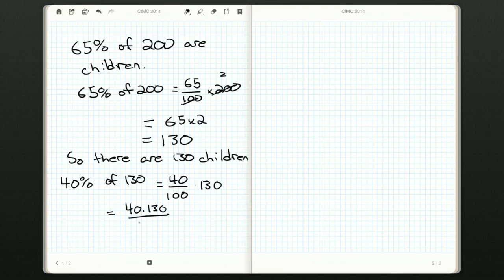Well, we can bring these guys into the numerator. And we're left with 5,200 of every 100 children are swimming. Yeah, basically. So what do we need to do? We need to cancel out these hundreds.